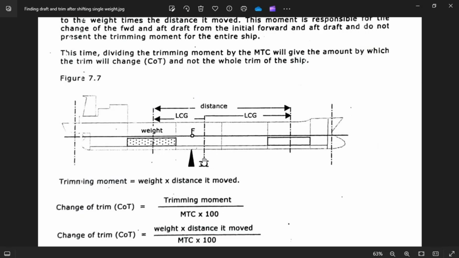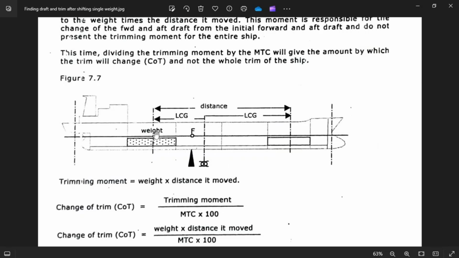So if this is the midship or the center of the vessel, from midship going to FOT tank number one, this will be your LCG, and the LCG of FOT tank number four is from midship going backward to the center of the weight.